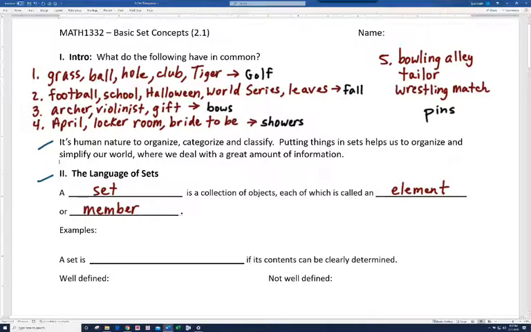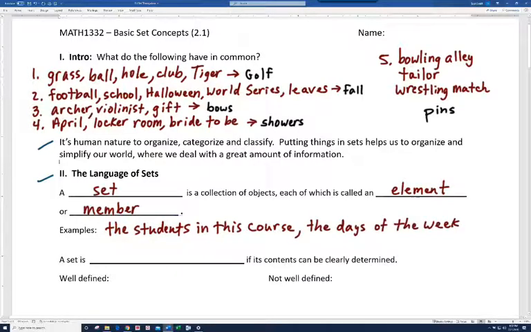So let's look at a couple examples here. The students in this course would be a set of objects or people, and one more, the days of the week. A set is well defined if its contents can be clearly determined.